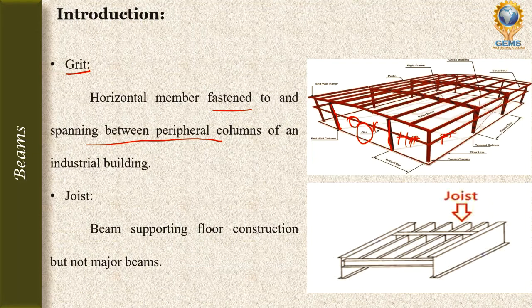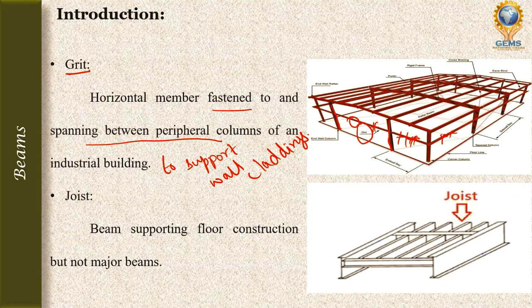Why do we give these grid beams? To support the wall claddings. Since the height will be more, we give an intermediate beam, which is called the grid beam.